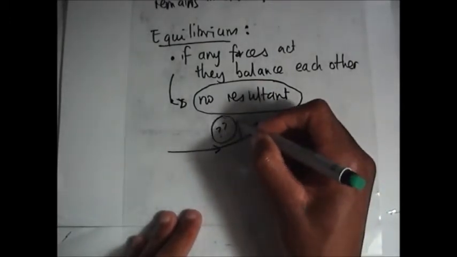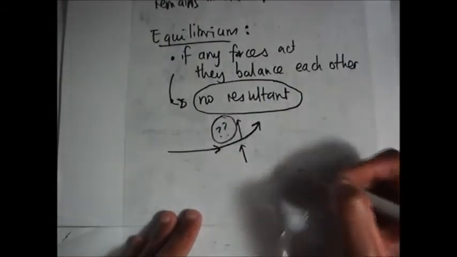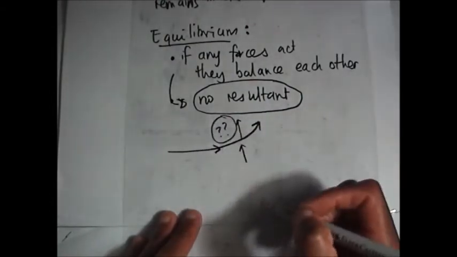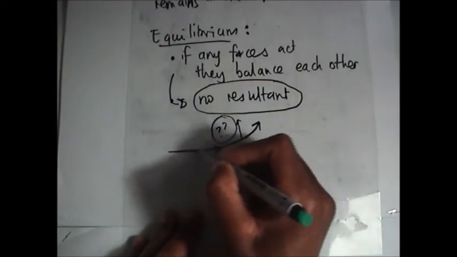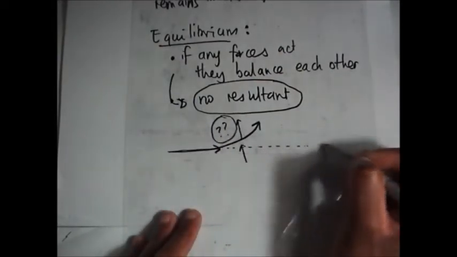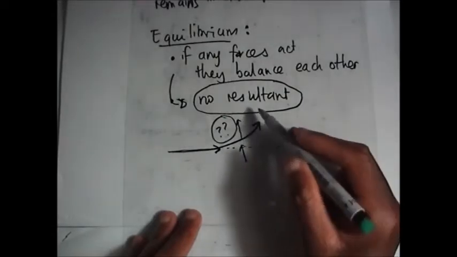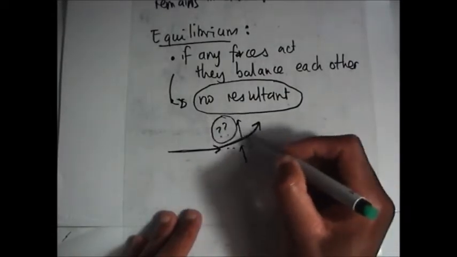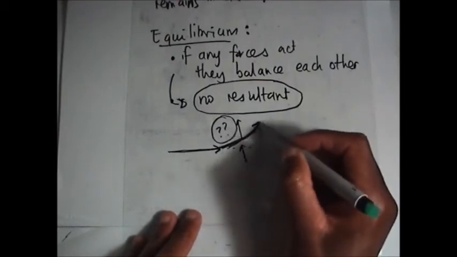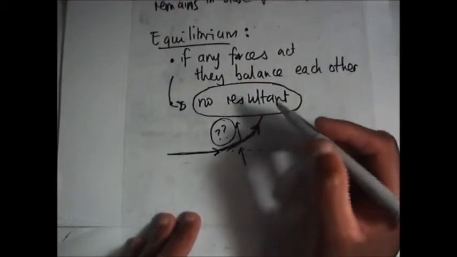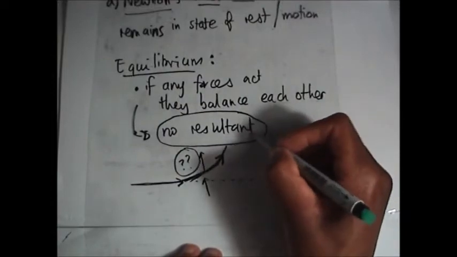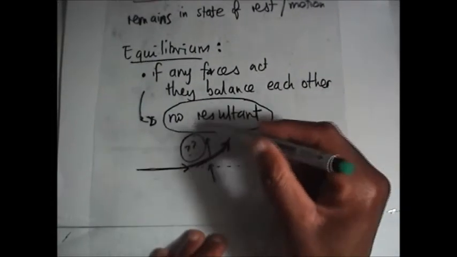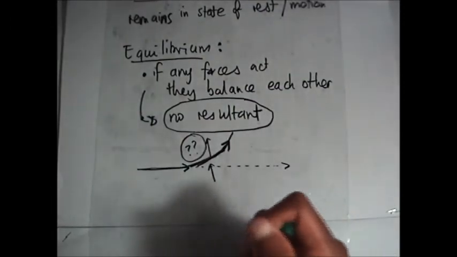Either it has been pulled in that direction, or it has been pushed, for it to change direction like that. Otherwise, it will not change. It will continue moving to the right if there was no resultant, which means there was now a force that wasn't balanced out. That's why it had to change direction. And whenever a force is not balanced, there will be a resultant force. So with no balancing out of forces, there is the existence of a resultant force.